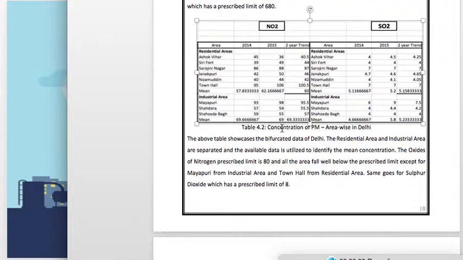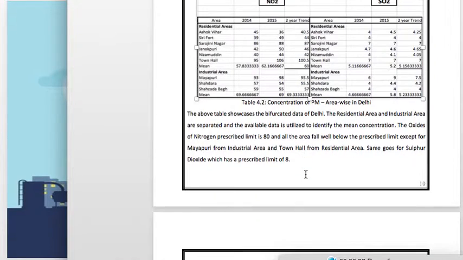But when it comes to the oxides of nitrogen, you would see we are going beyond the prescribed limit in the town hall and residential area, as well as in Mayapuri, which is actually an industrial area. So you would see a residential area is actually surpassing the limits which are already there in the industrial area. So this clearly shows every resident that this particular area is not good to travel around.